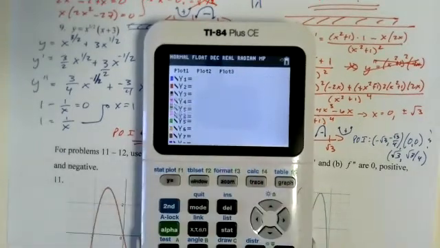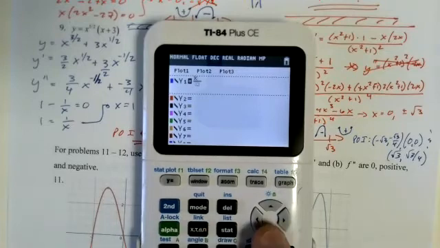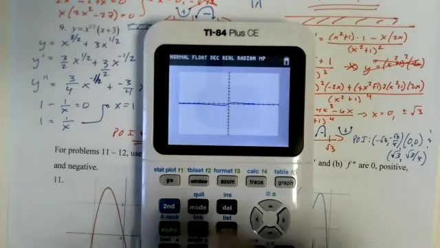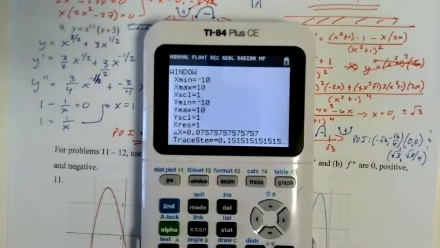Graph y equals x over x squared plus 1. So at negative root 3, we should see a point of inflection. 0 is definitely a point of inflection. Window negative 2 to 2.